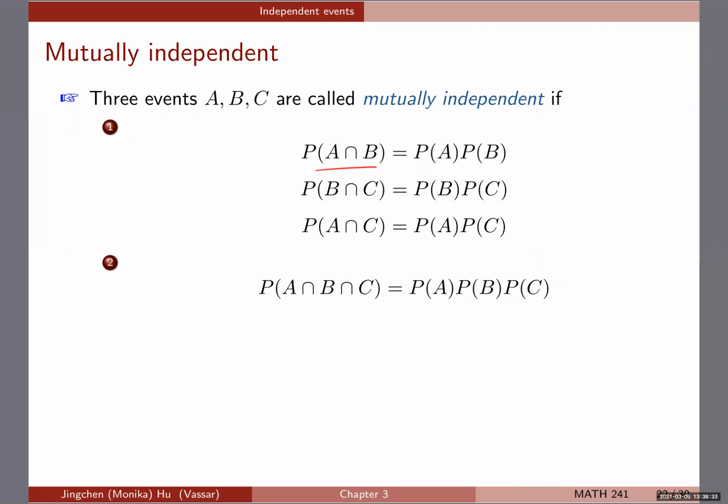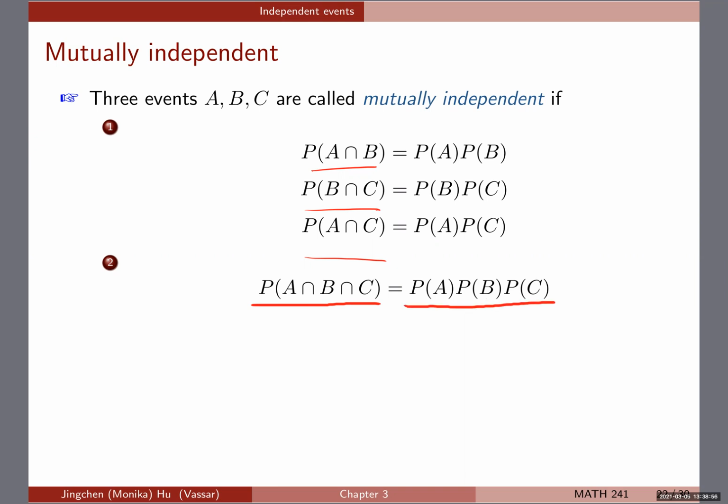That's what we have in these 3 equations. But it also needs to hold that all of the events A and B and C together are independent. What that means is that if I chain the intersection of A and B and C, then it is the same as the product of the 3 over here.